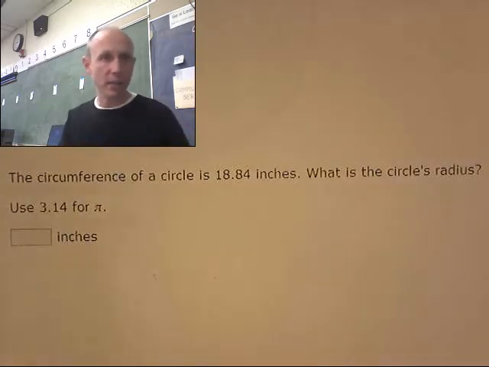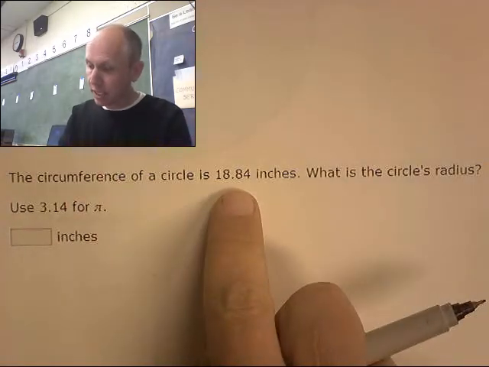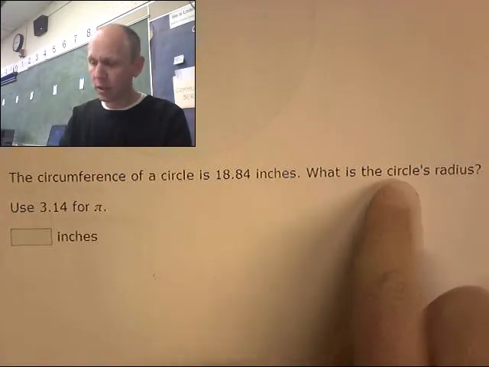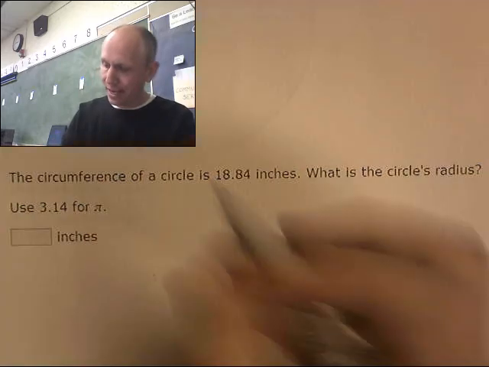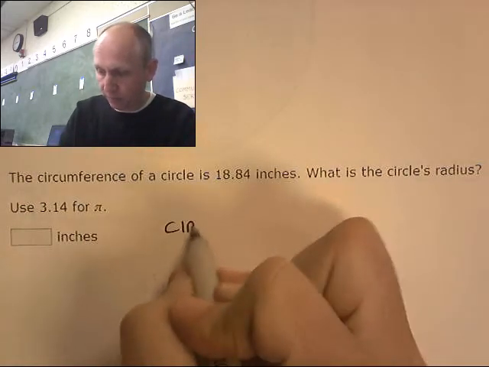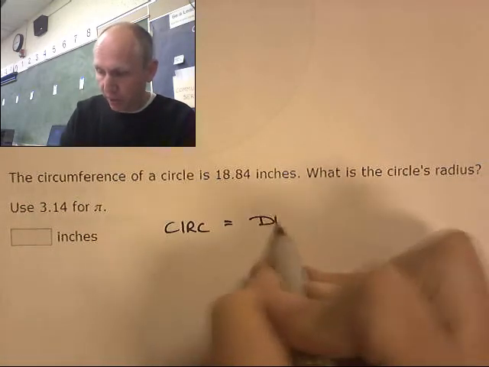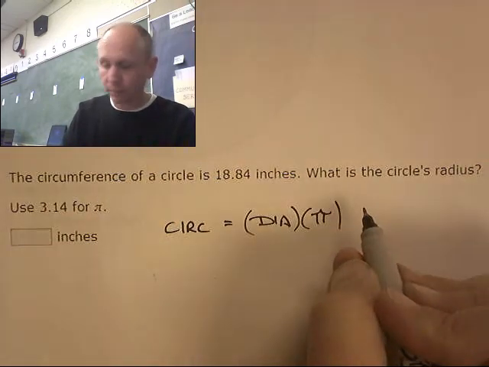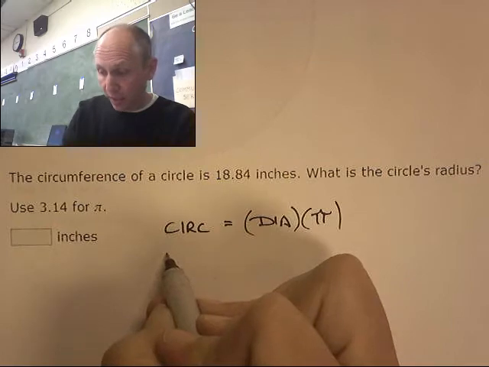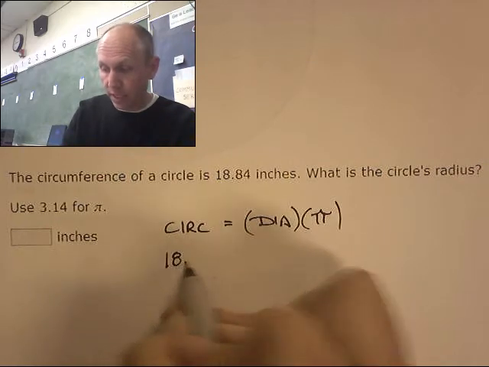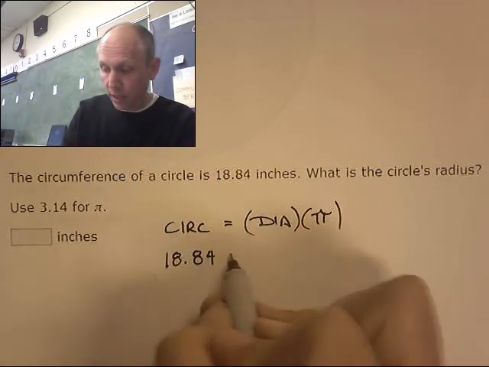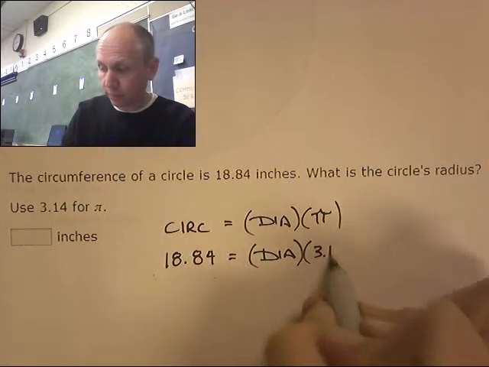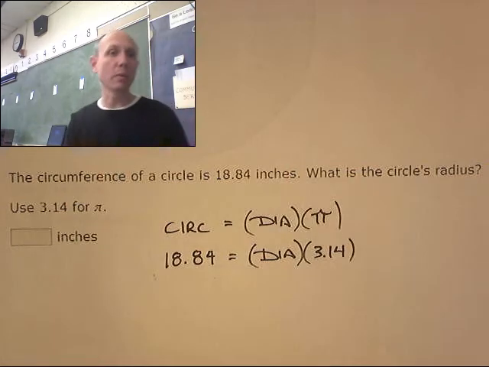The circumference of a circle is 18.84 inches. What is the circle's radius? Well, I know that circumference is diameter times pi. And I was given that the circumference is 18.84, which equals diameter, which I don't know, times 3.14.